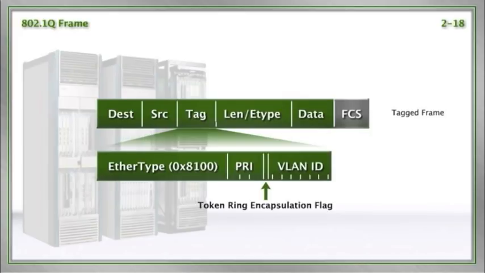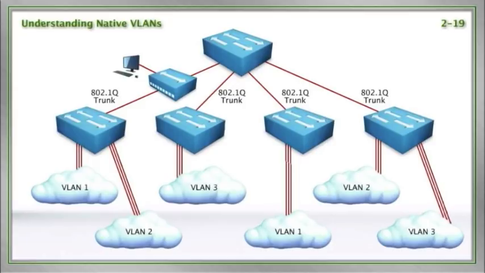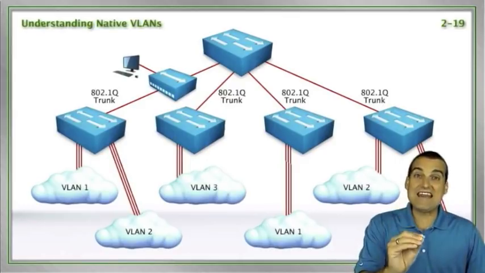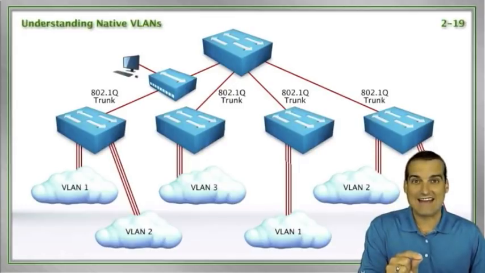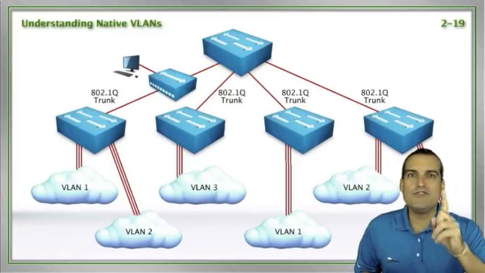Now, 802.1q trunk links have a very important concept associated with them that for some reason tends to drive students crazy. But it's not going to drive you crazy because I'm going to clearly explain what this is all about. It's called the native VLAN. You see, in an 802.1q trunk world, every single trunk link receives a VLAN tag for all the VLANs except one VLAN.